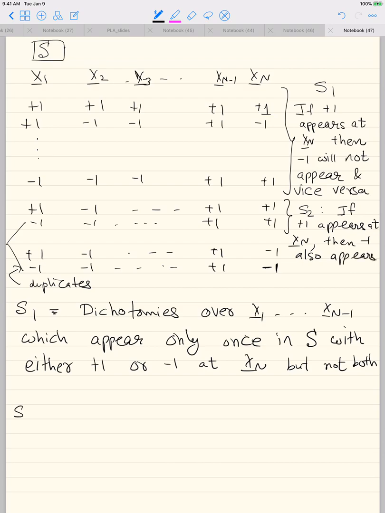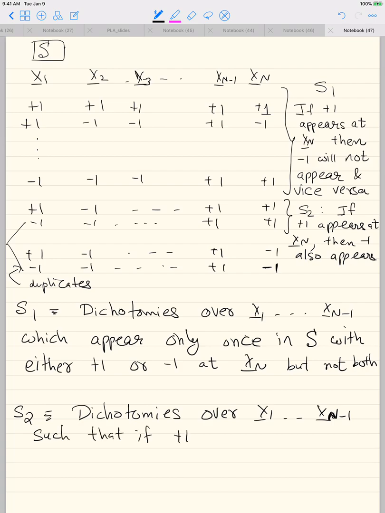So S2 is the dichotomies over x1 to xn-1 such that if +1 appears at xn, then -1 also appears.